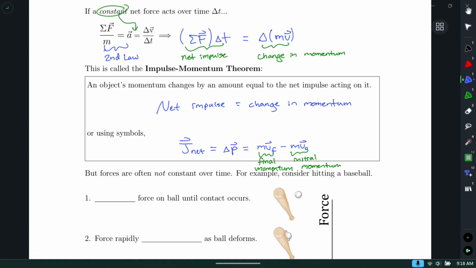The impulse momentum theorem is sort of our starting point for this chapter, in the same way that work energy was a starting point for the previous chapters. We will eventually use it to get to the idea of conservation of momentum, similar to conservation of mechanical energy.